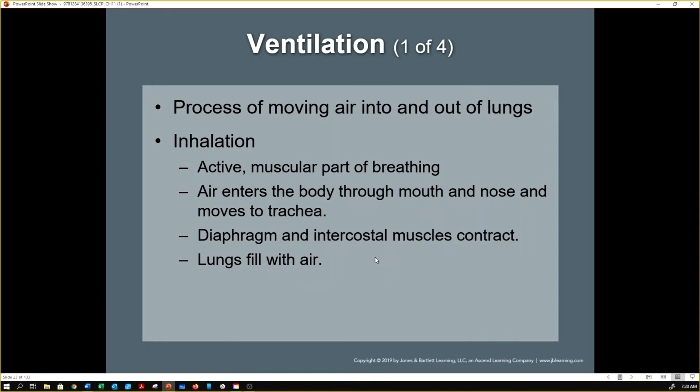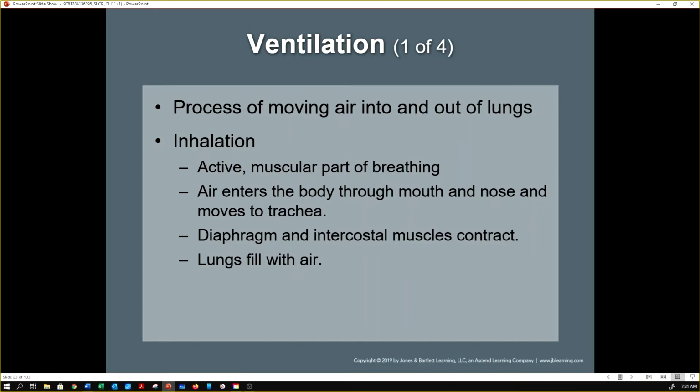So let's talk about ventilation. What is ventilation? That's the first thing you need to ask, because it seems simple, but when we start talking about these definitions, they can get confusing. So ventilation is, just like I said earlier, the process of moving air into and out of the lungs, right?